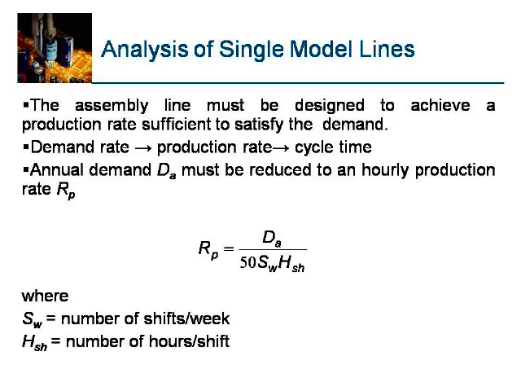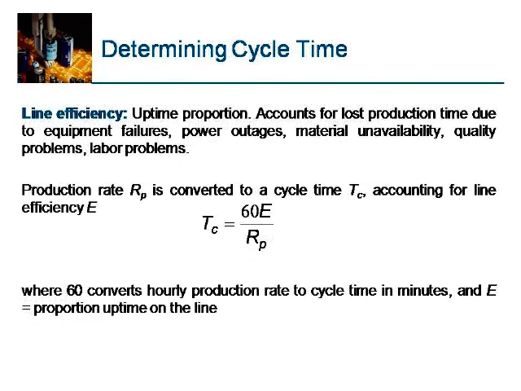RP is equal to DA divided by 50 SW HSH, where SW is the number of shifts per week and HSH is the number of hours per shift. If you have 50 weeks in 1 year, then RP is the hourly production rate and DA is the annual demand, and RP can be easily calculated using this formula. Line efficiency.